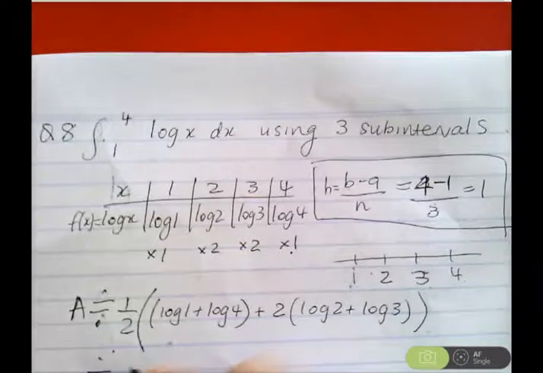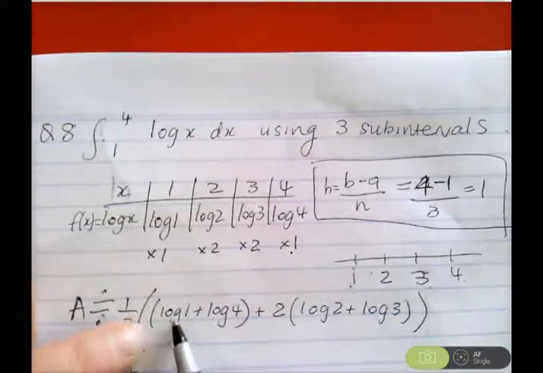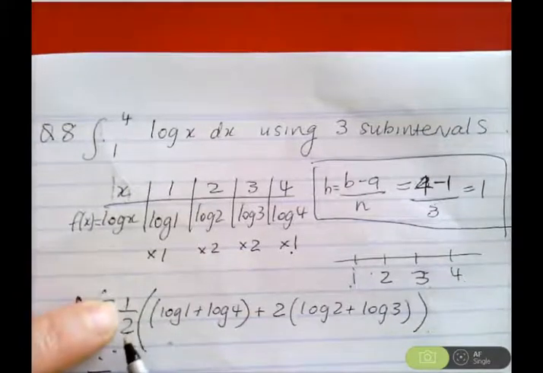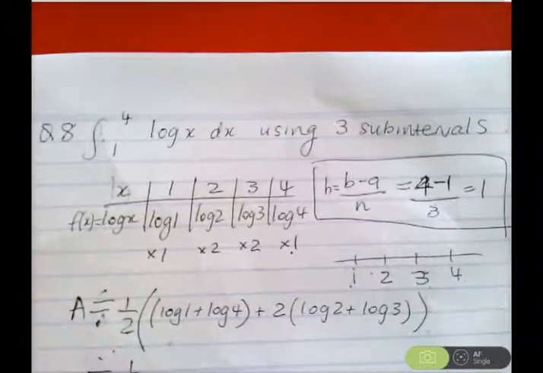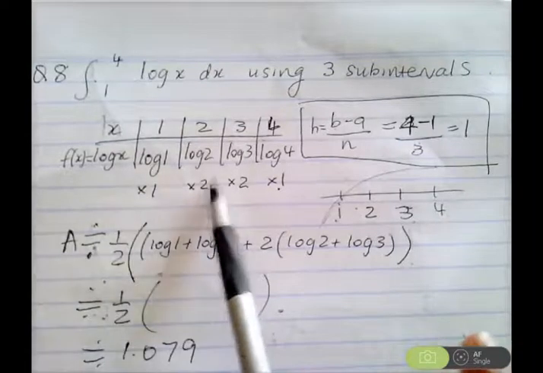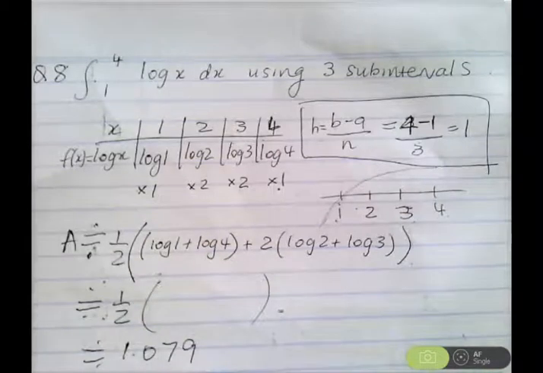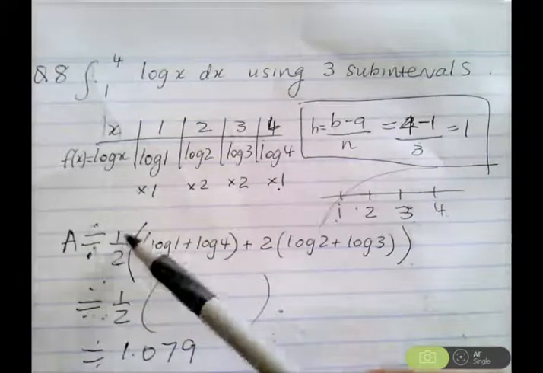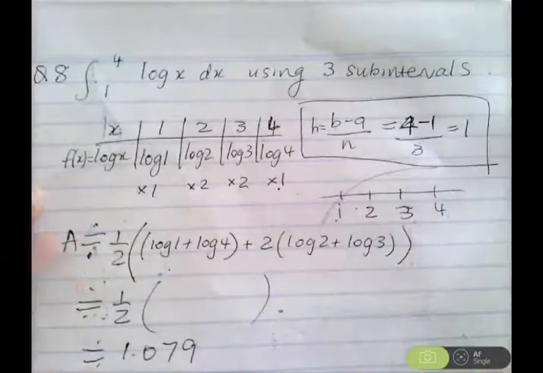So I do the middle bit and then halve it at the end. Do all this bit, get an answer and then times it by a half. X, function of x, put the multiplier pattern underneath, 1, 2, 2, as many 2's as you need, as long as you've got a 1 on either end. And the formula is, remember, h on 2 and then the multiplier pattern.